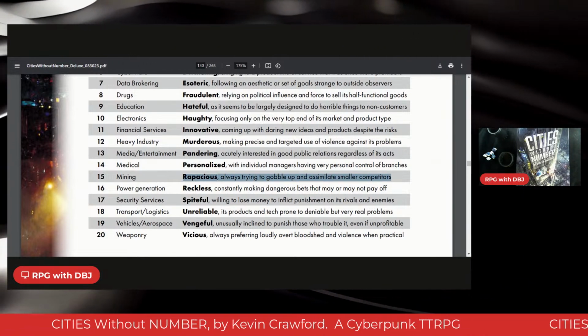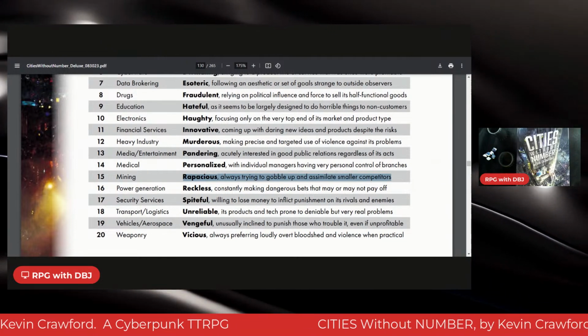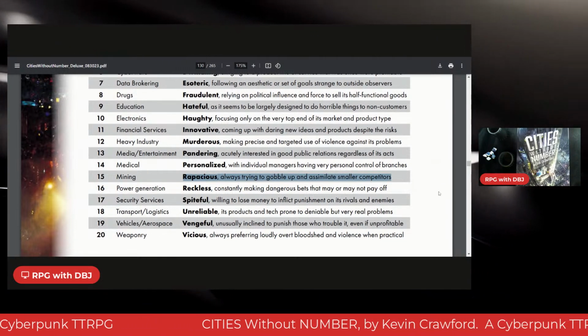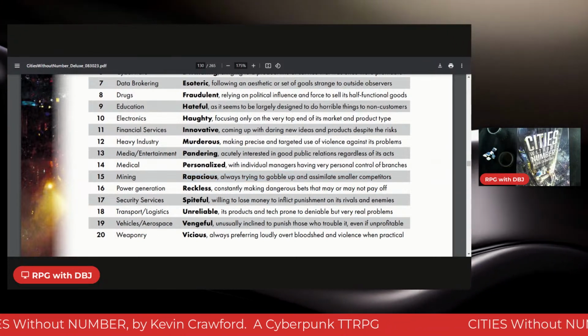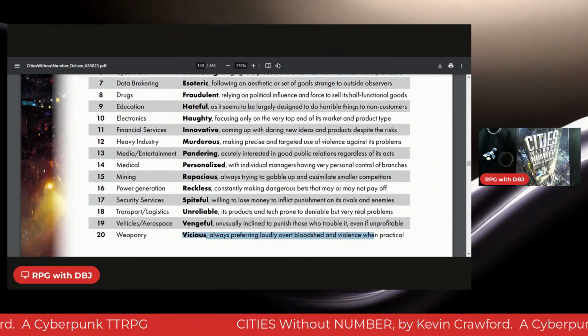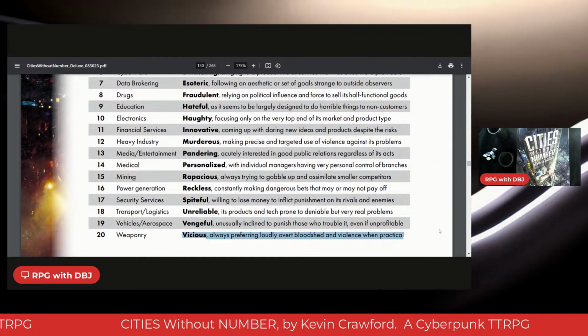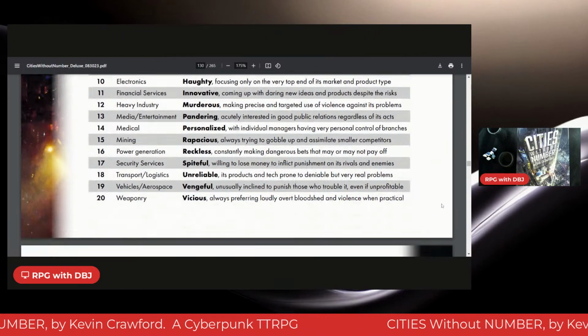But rapacious, always trying to gobble up and assimilate smaller competitors. Corporate takeover. Oh, always. Yep, yep. Even our last one, 20, Vicious, always preferring loudly overt bloodshed and violence when practical. All right, Suge Knight of the mega corporations.